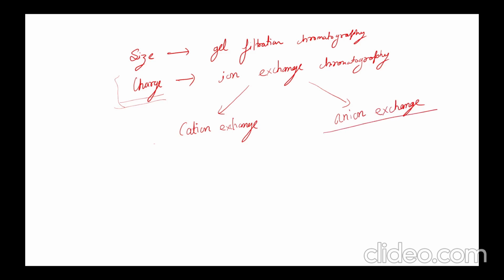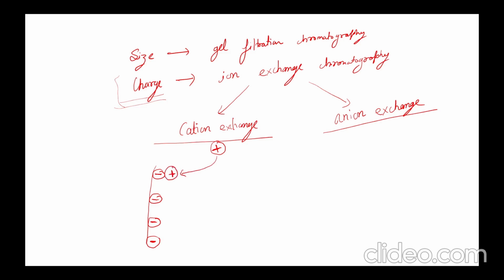In this chromatography you are doing nothing but allowing your protein to bind to a bead matrix which has a certain charge. Suppose your protein of interest is positively charged, you will prepare a matrix in such a way that it is negatively charged, and then you allow your protein to bind here.